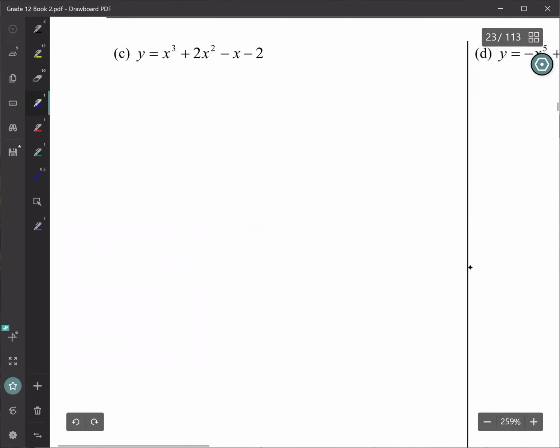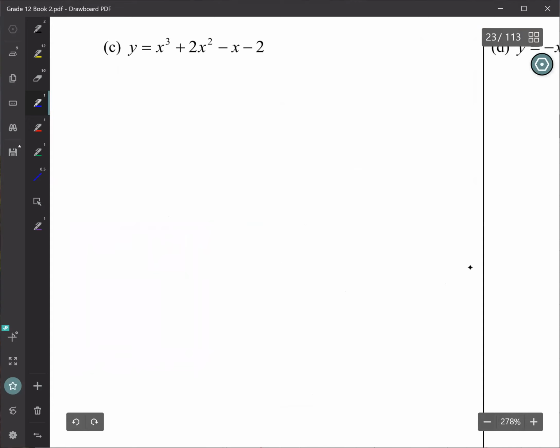So this one is not factored yet, so your first step is to factor, just like in your homework. You need to find the b over a, find which one is your first factor.